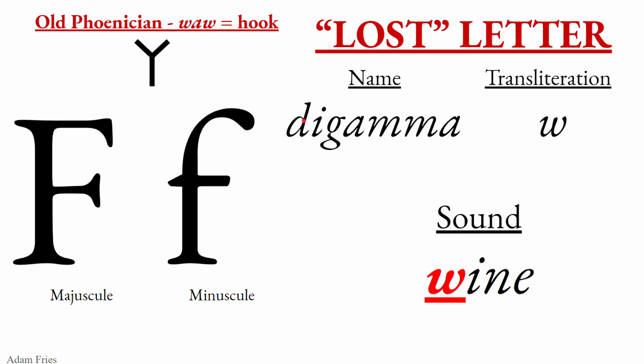This is one of the lost letters. This one's fun. This one's the digamma, based off of the Old Phoenician wa, or va, a hook. So digamma, a double gamma. You can see there's one gamma, there's the other gamma, a gamma stacked on top of a gamma. Transliteration, w, like the sound in wine.